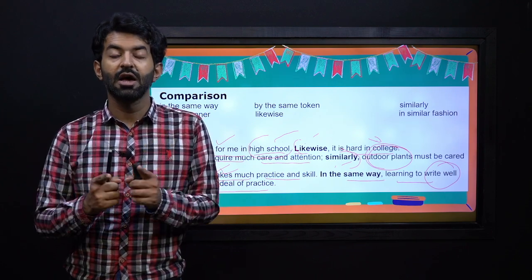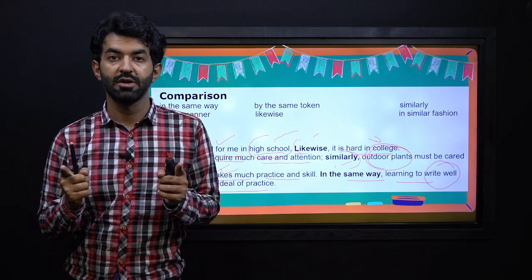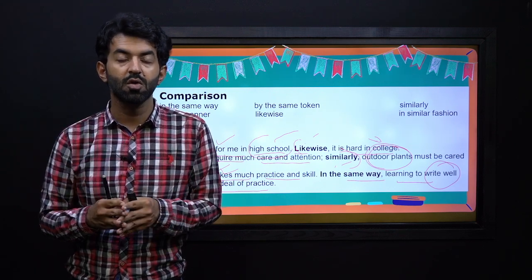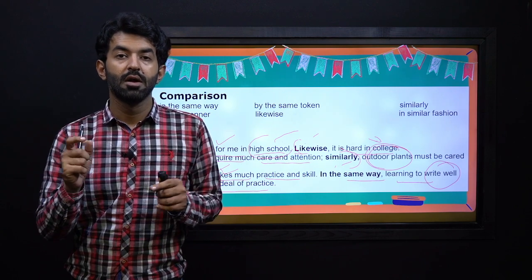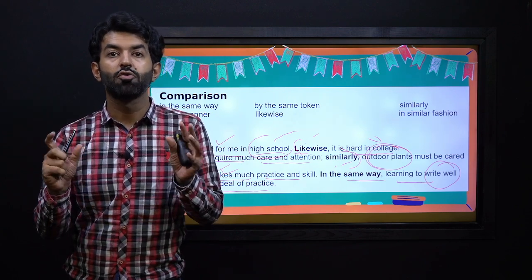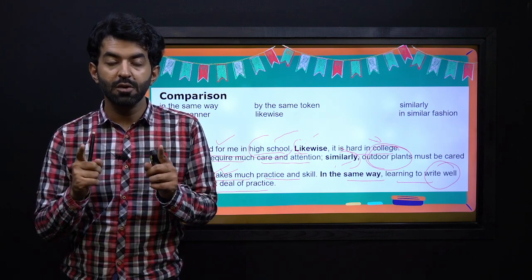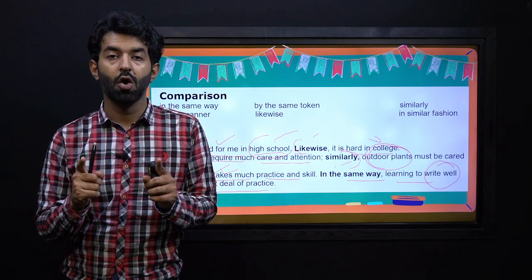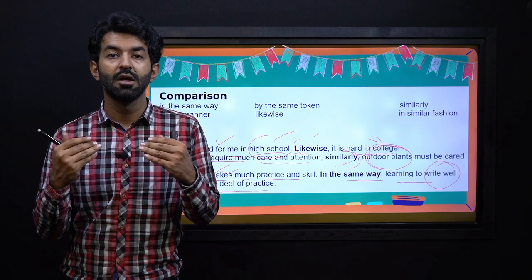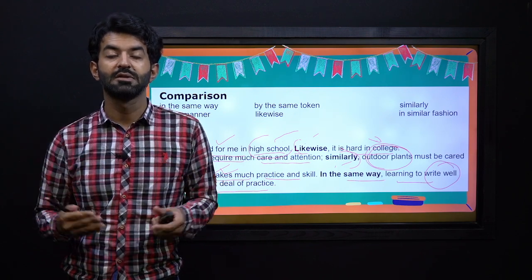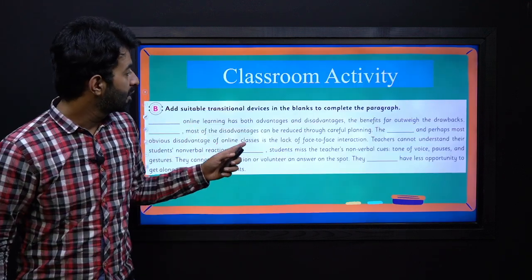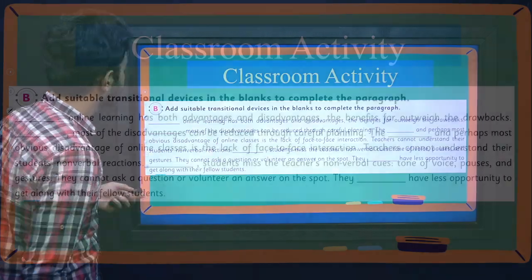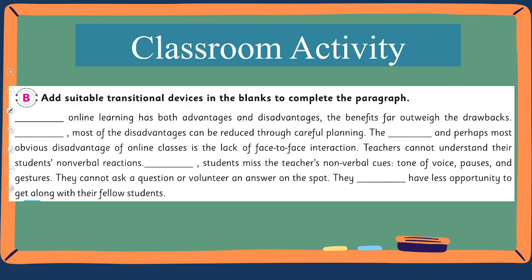Now students, there are a lot of purposes for transitional devices, but in this lecture we only talked about comparison and contrast. Now you have to stick with these two functions of transitional devices and create different sentences. Here is your classroom activity where you have to add suitable transitional devices or words in the blanks to complete this given paragraph.